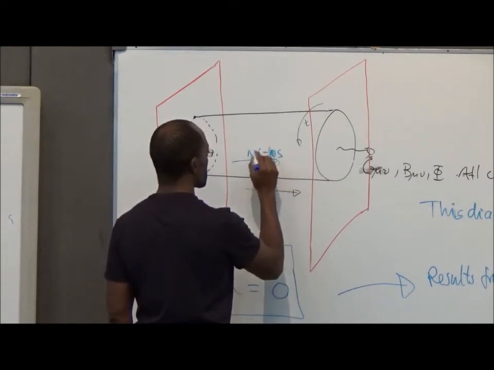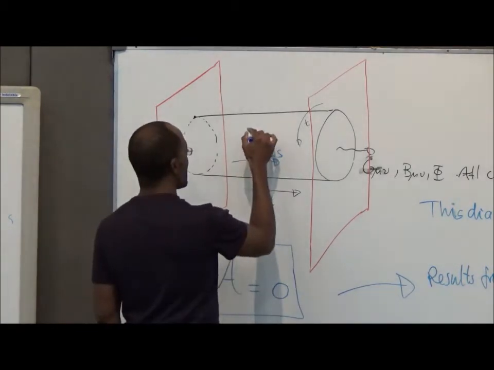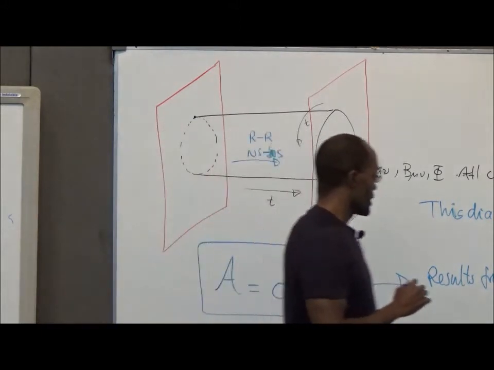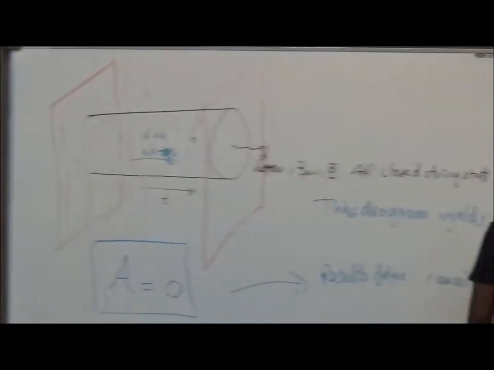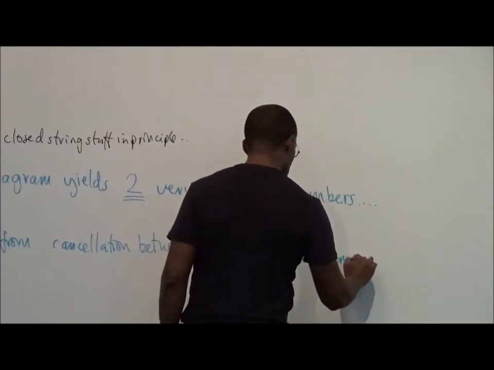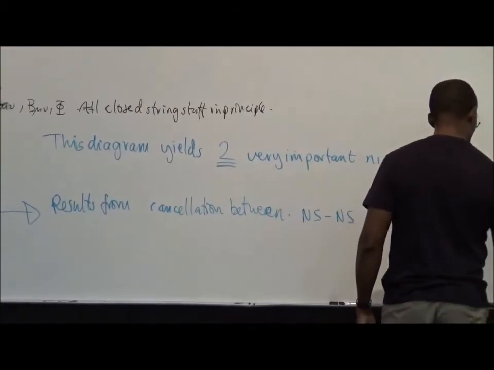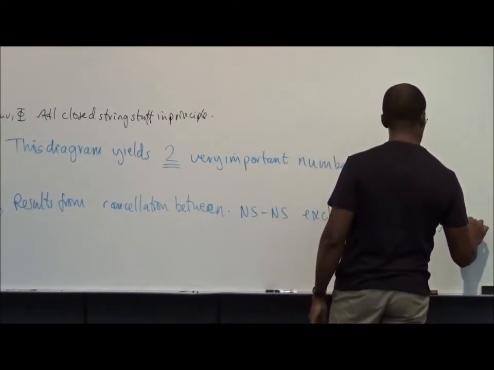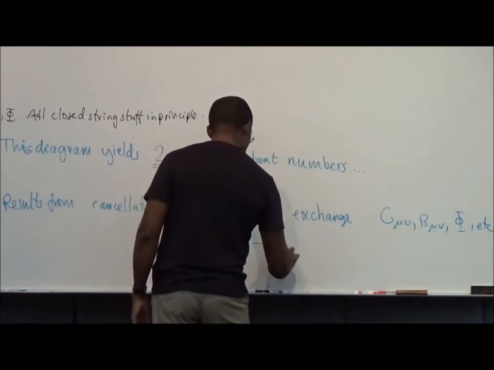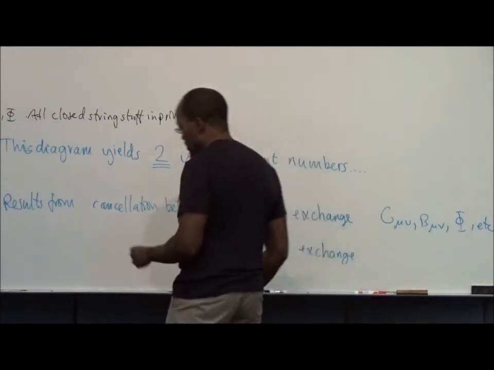I have Neveu-Schwarz stuff, just looking at the bosonic sector, and I have Ramond stuff. And so it's a cancellation between Neveu-Schwarz exchange, which includes stuff like this. And Ramond exchange.